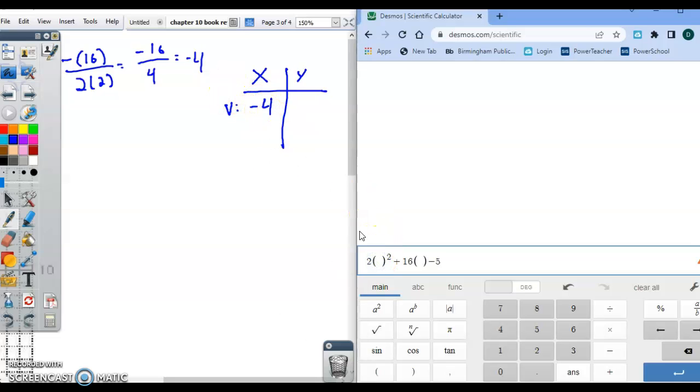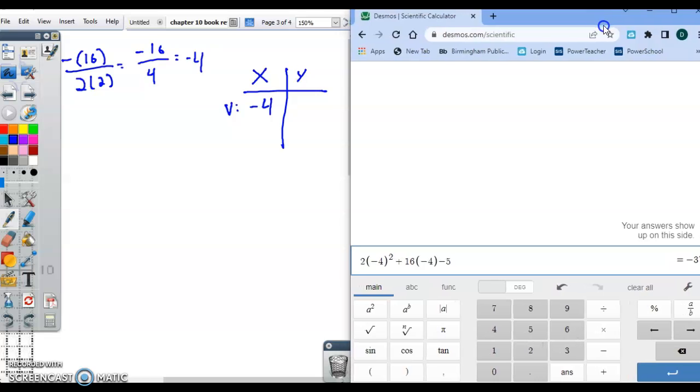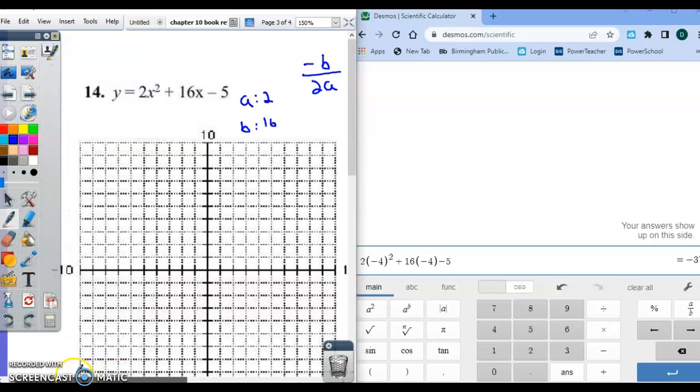So I put in negative 4 here for both of these. And I get, this is off the screen a little bit, negative 37 as my other vertex coordinate here. It's pretty ugly. All right, so now I need to find a point on the left and the right. Again, I can use 0 if I want. 0 is going to give me negative 5.